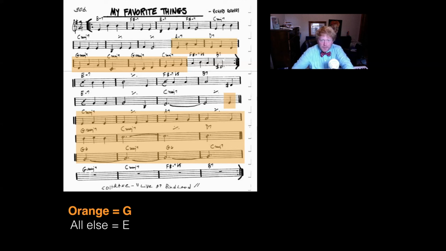I did do the turnaround back to the B7. Sorry. Now let's talk about things modulating to 5.